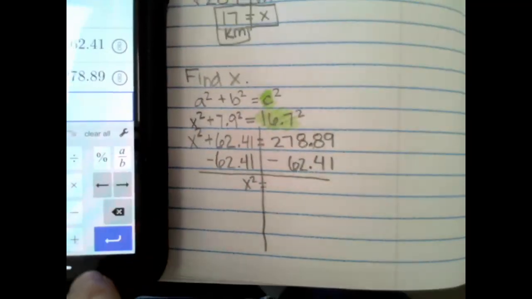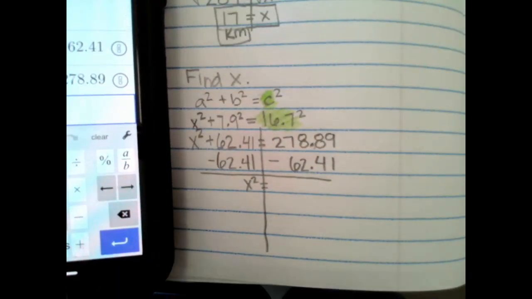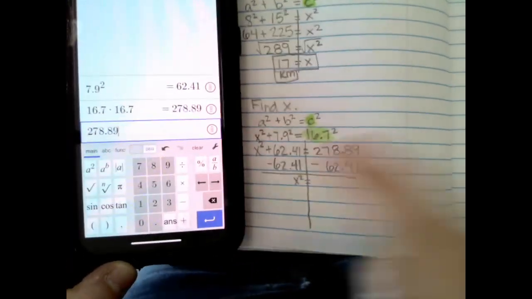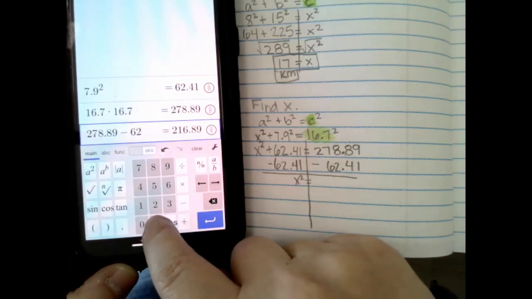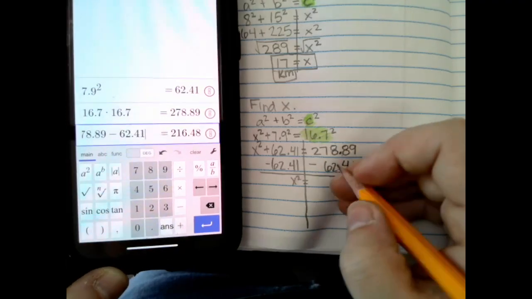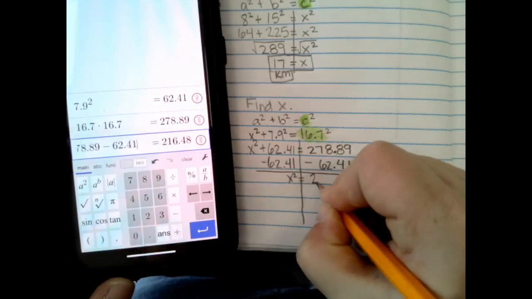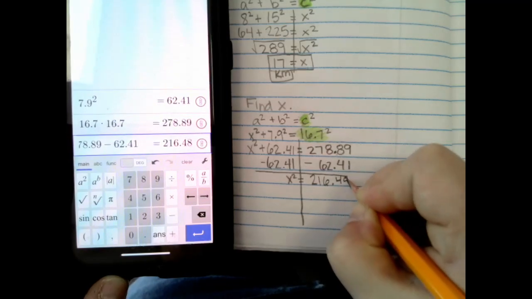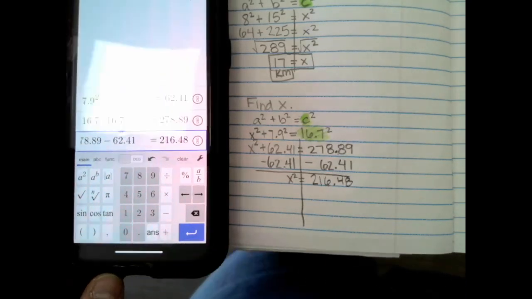All right, use my calculator here. 278.89 minus 62.41. We get 216 and 48 hundredths. Again, no reason to round. Just 2 decimal places. Yes, it's a pain, but we can do it.